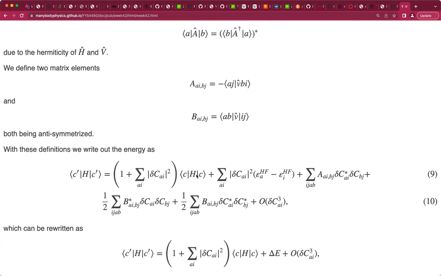So what we ended up with when we did everything here is that we could rewrite the problem in terms of the ground state expectation value, which is our Hartree-Fock energy. We have this coefficient which comes from the normalization, because we truncate the denominator.